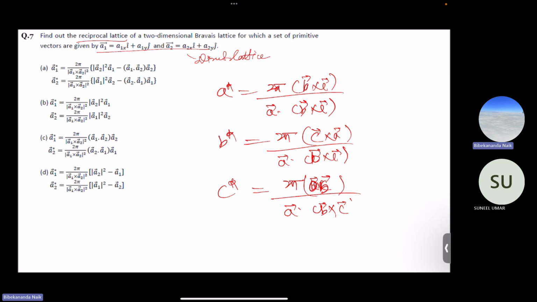So these are the formulas. Here we will put a1, a2, a3: a is a1, b is a2, and c is a3. We will use these formulas to calculate the expression for the reciprocal lattice vectors. I'll give you a few minutes to calculate, and then I will calculate it completely.